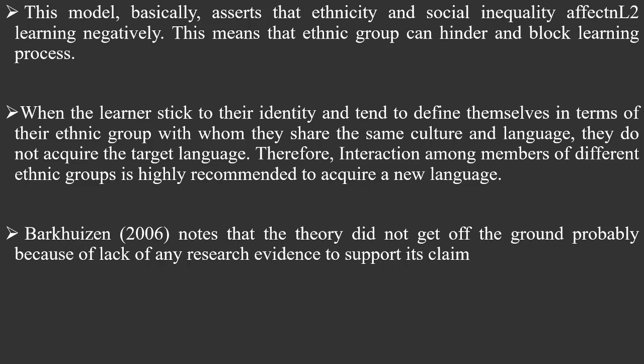So this means that ethnic group can hinder and block the learning process. When the learners stick to their identity and tend to define themselves in terms of their ethnic group with whom they share the same culture and language, they do not acquire the target language.